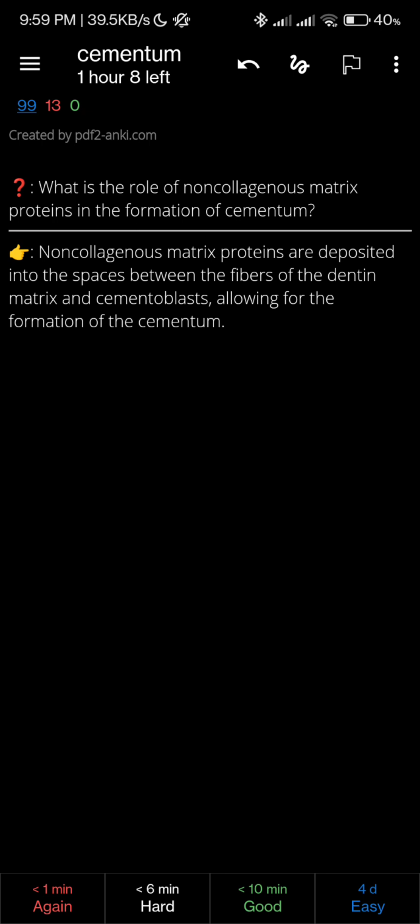Non-collagenous matrix proteins are deposited into spaces between the fibers of the dentin matrix and cementoblasts, allowing for the formation of cementum.